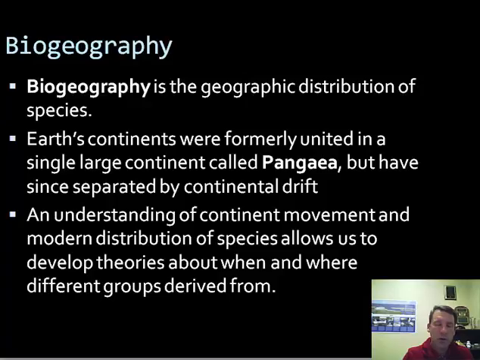Animals that were on those continents became isolated and no longer were in contact with the other populations. Over time, you see specific traits becoming isolated and more dominant on different continents. That's why mammals, say in Australia, are different.